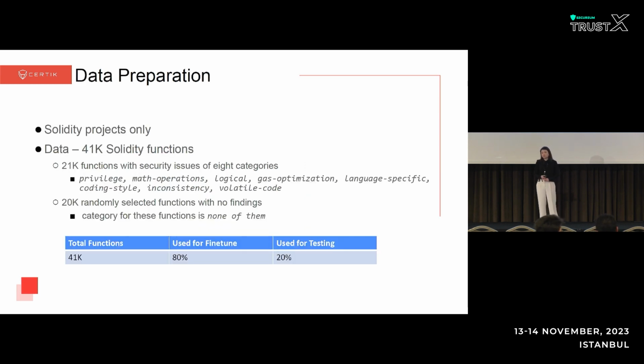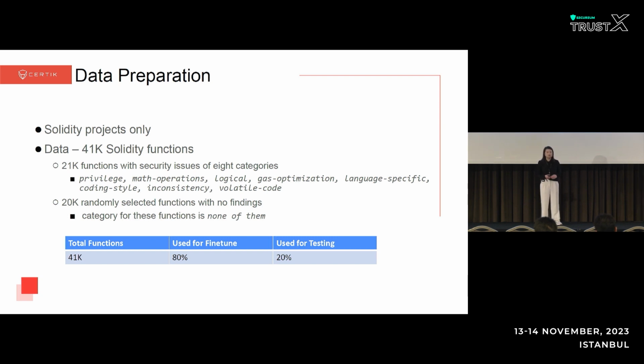In terms of the data preparation, since this model is only focusing on Solidity, we're extracting 41K Solidity functions. 21K of the functions come with security issues, and they have been distributed into 8 different vulnerability categories, for instance privileged access, math operation, logical issue, gas optimization, etc. And for the remaining 20K, we randomly select functions that have no security issue.